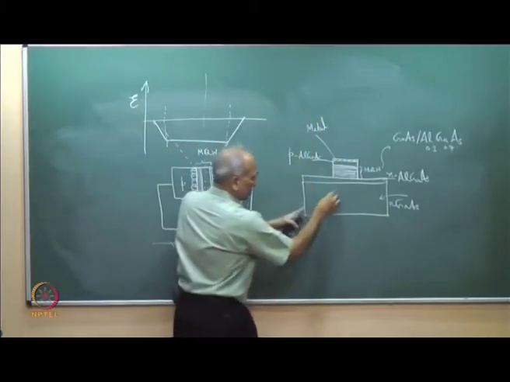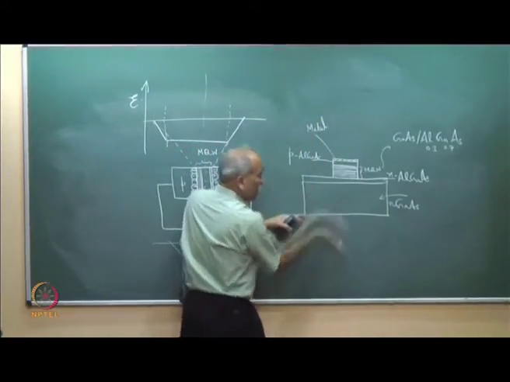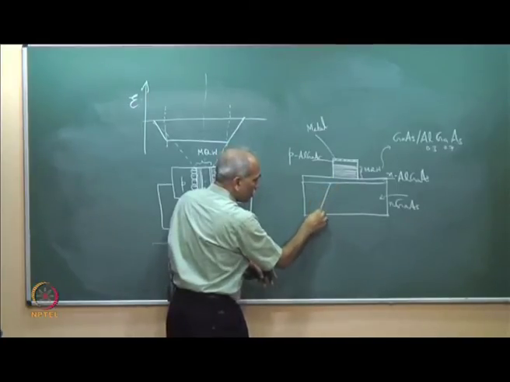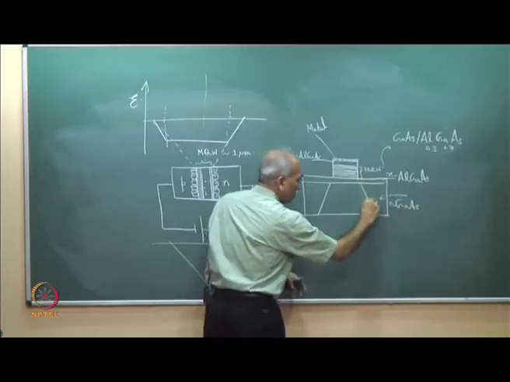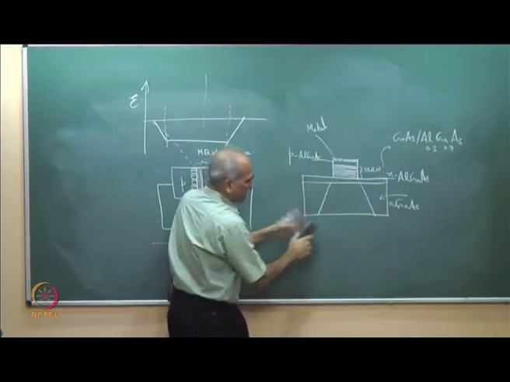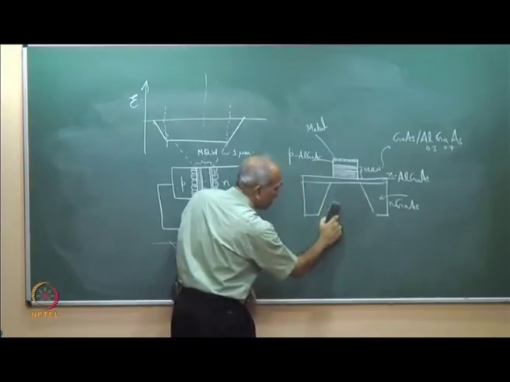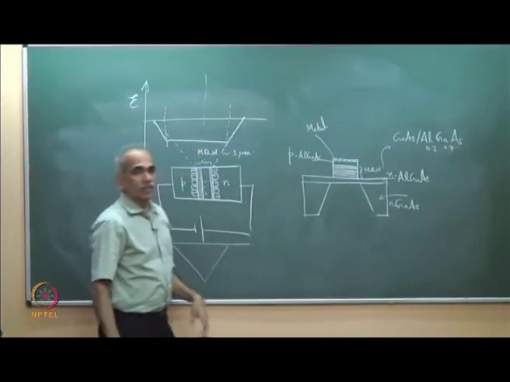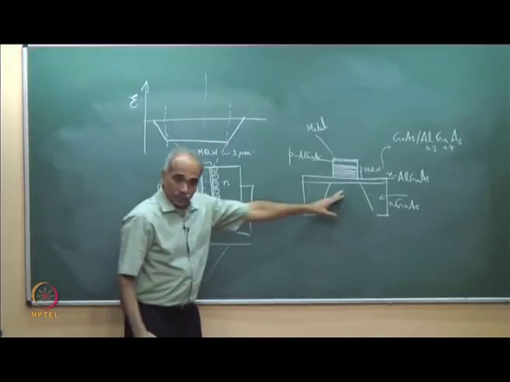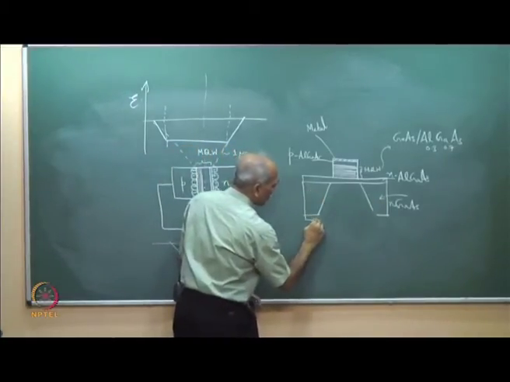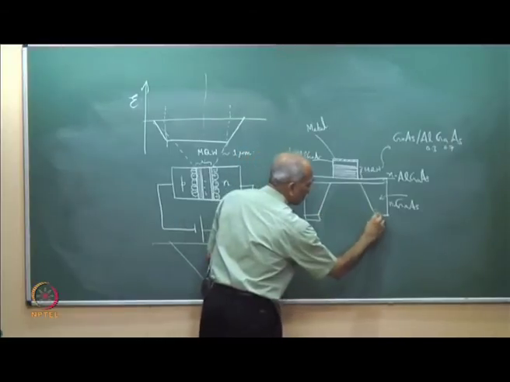Now, the substrate is etched from the back side. So, this portion is etched away. It will become clear why that is done. Then you deposit an annular electrode.